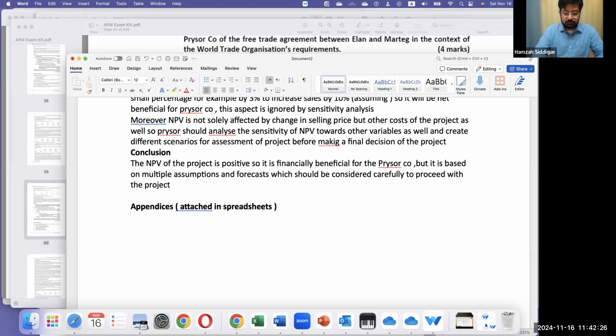Now, additional sensitivity analysis and simulation should be performed ideally for the project.